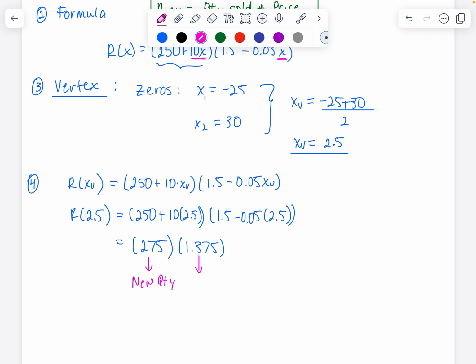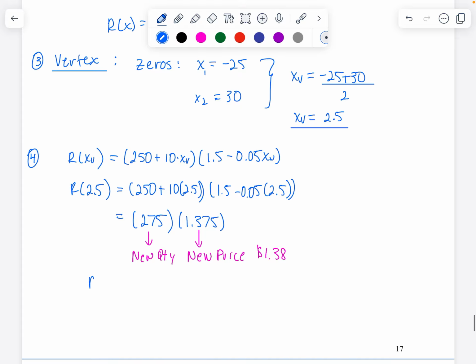Okay, and this becomes our new price, which we could round to $1.38. But our question is asking what the revenue is, so we can leave all those decimals in there and multiply by 275. So our new revenue is 378.125. If we put it in our sentence answer, we will round that decimal. So the max revenue is $378.13.